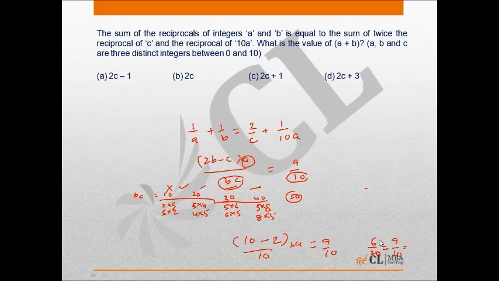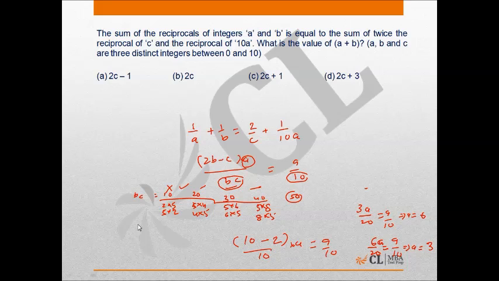From here we get a equals, similarly when b is 4 and c is 5, we would get 3a upon 20 equals 9 by 10. From here we get a equals 6.